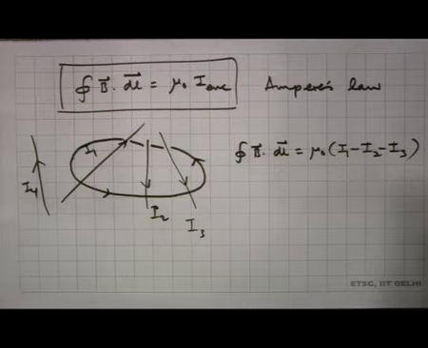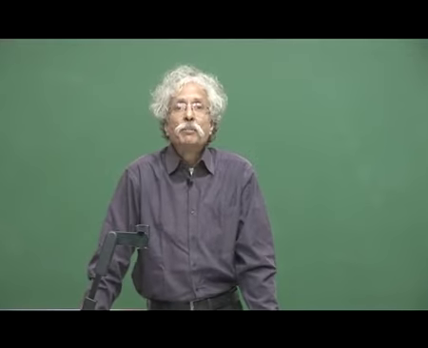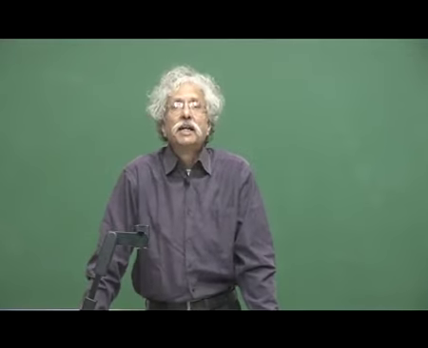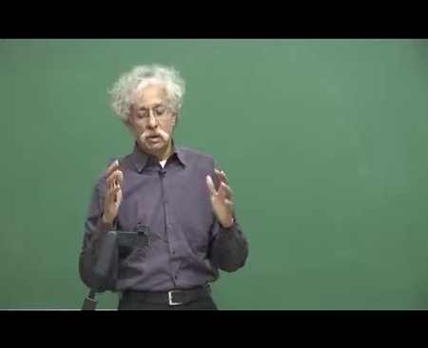Just like I had mentioned in electrostatics, I must mention here that the magnetic field at every point is determined by all current carrying conductors. Just like in the electrostatics case in Gauss's law, the electric field is produced by all charges, while the flux over a closed surface depends only on charges inside.